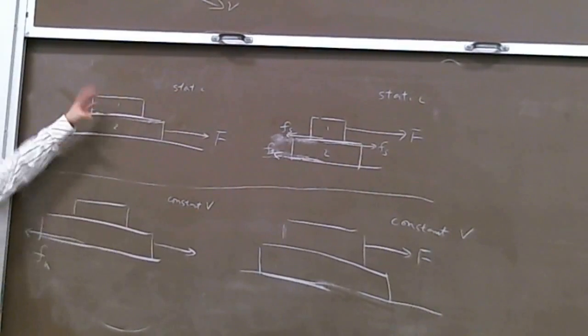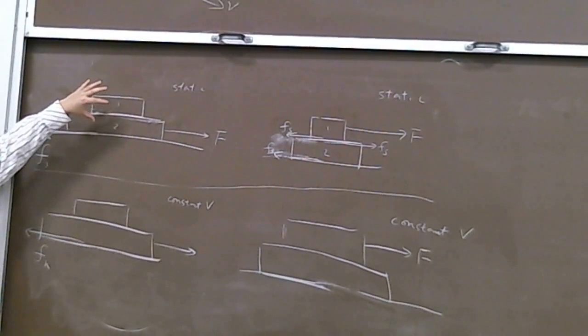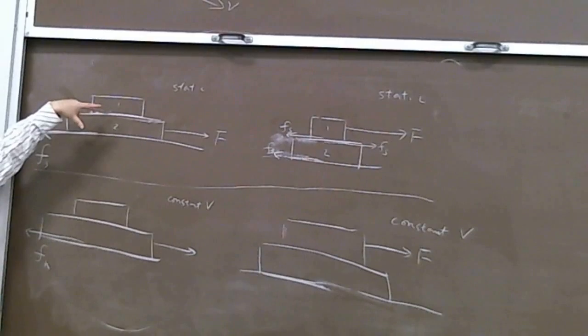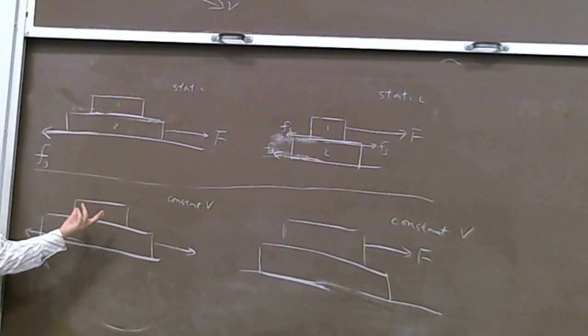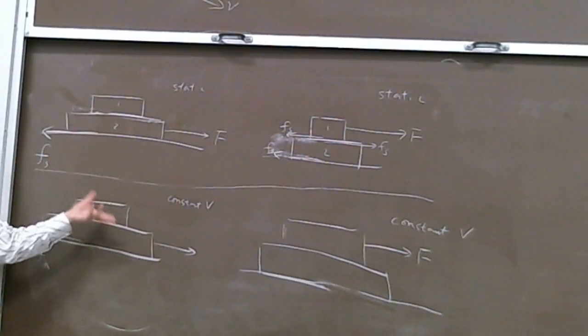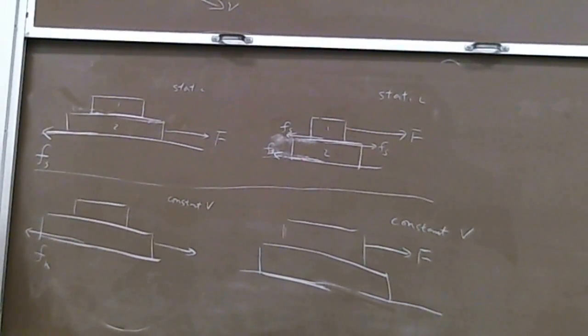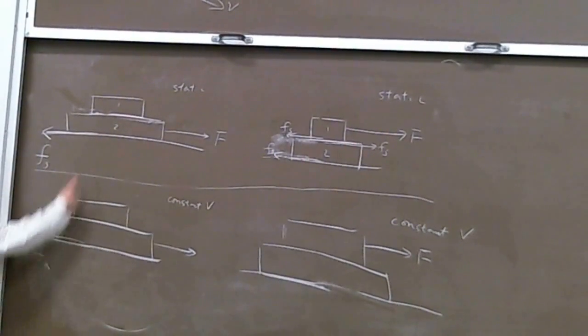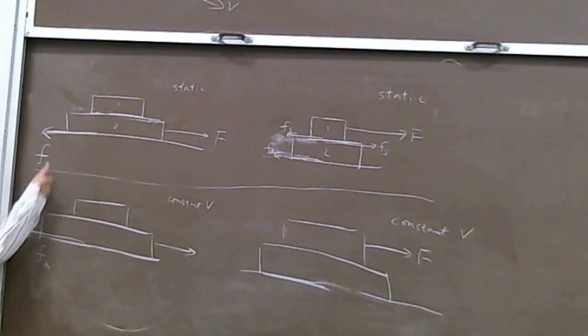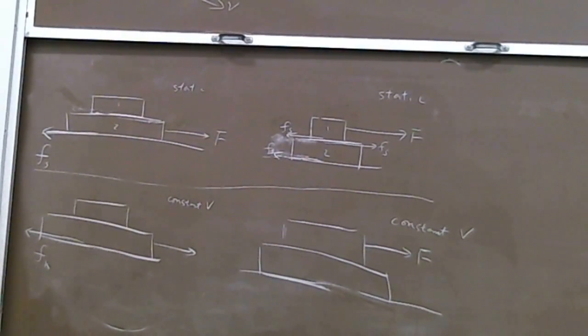So it's kind of similar to the situation. We know that there is no essential difference between rest and constant velocity motion. Okay, but the only difference is here. It's not moving. This is static frictional force. This is the kinetic frictional force.